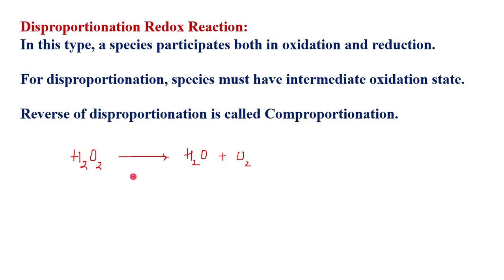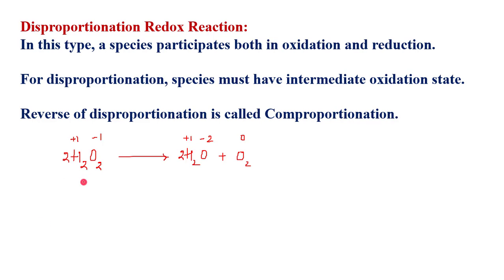Why are we saying it is a disproportionation redox reaction? We can see the oxidation states here. In hydrogen peroxide, hydrogen charge is +1, and oxygen, in peroxide form, has charge -1. Here in water, hydrogen will be +1, oxygen will be -2, and this oxygen in elemental form is taken as 0.